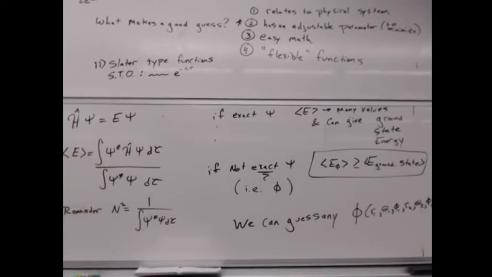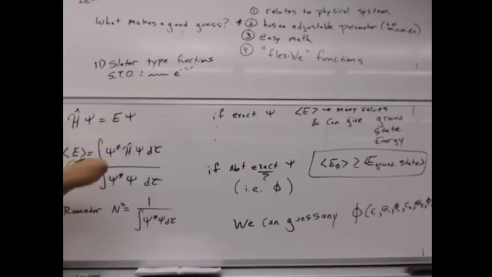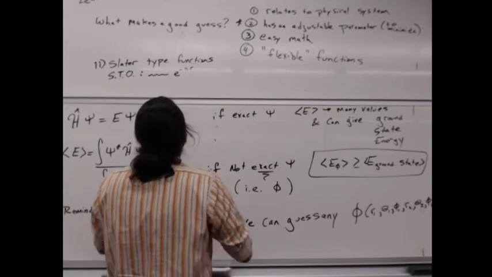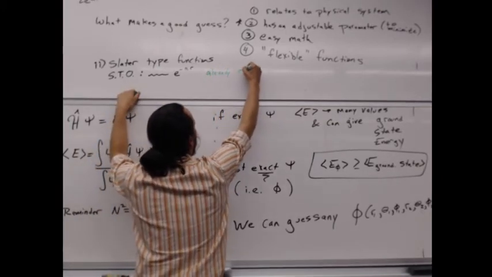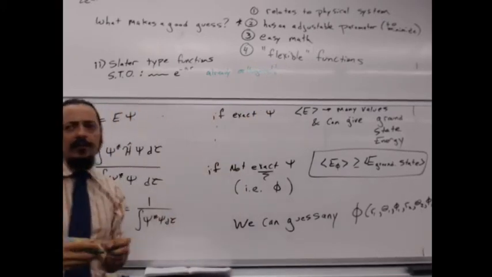These, who's got their equations here? If you look at your radial parts, the Slater type orbitals are going to look like your radial functions. There's benefits to that. The Slater type orbitals are already orthogonal.